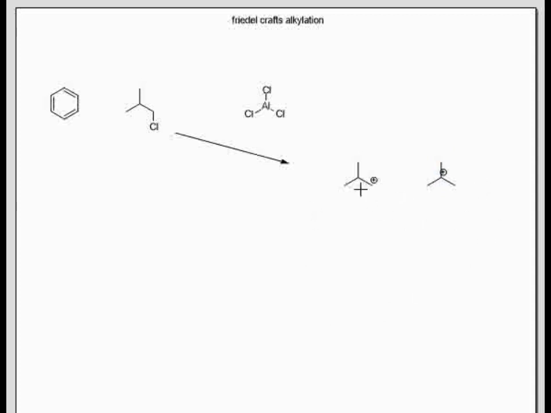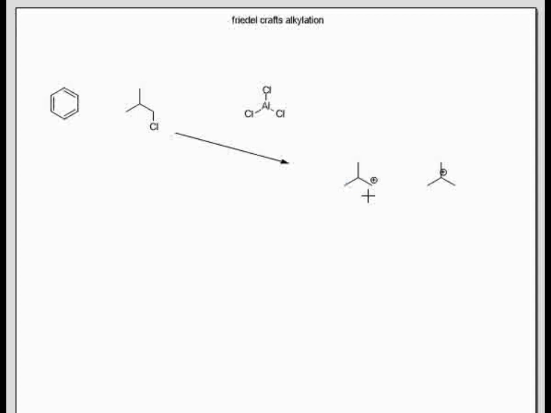So here we have two types of carbocation. This one is more stable and the other is less stable, but still it has some existence in solution.